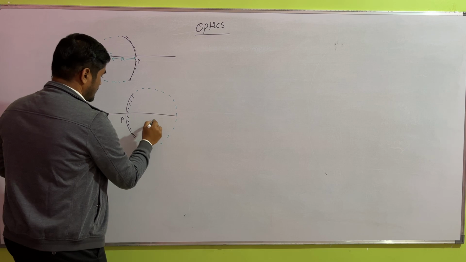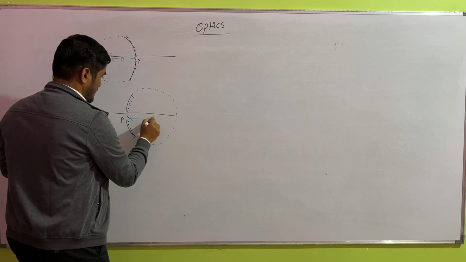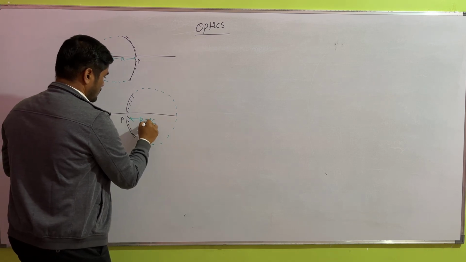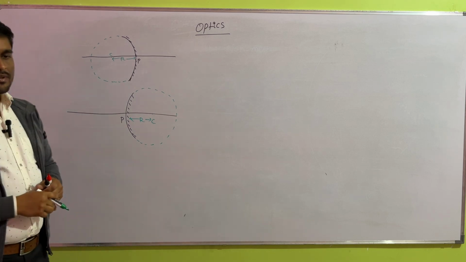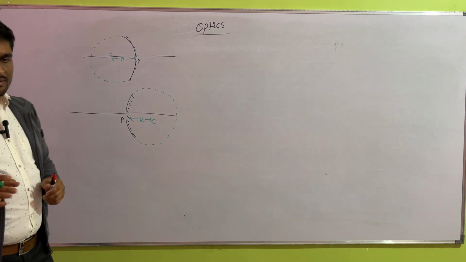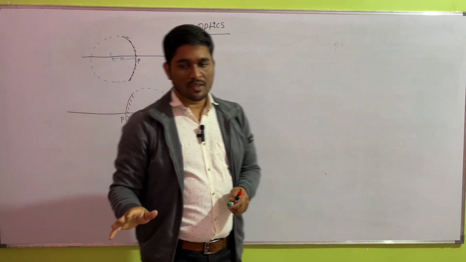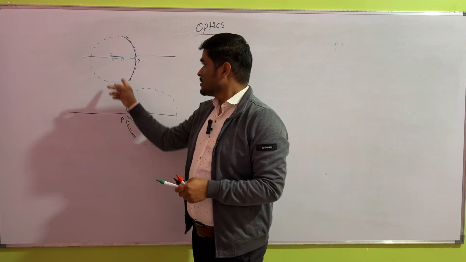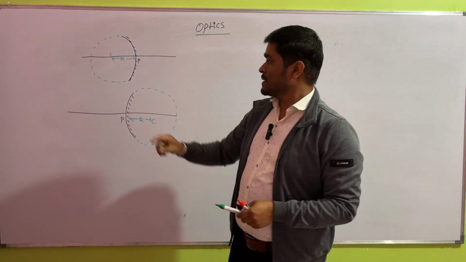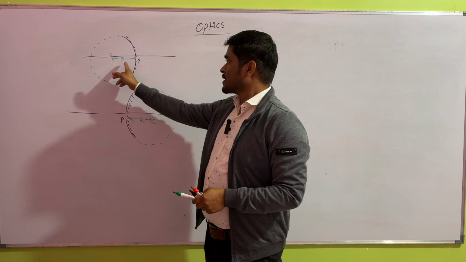So let this be C, and the distance between the center of curvature and the pole is known as the radius of curvature. And you can say, by using the sign convention, what will be the radius of curvature for concave mirror?